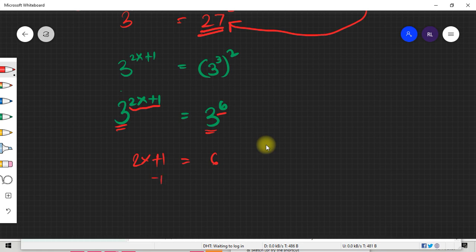Minus 1 both sides, we have 2x equals 5. Divide by 2, we'll have x equals 5 over 2. Therefore, that's the value of x.